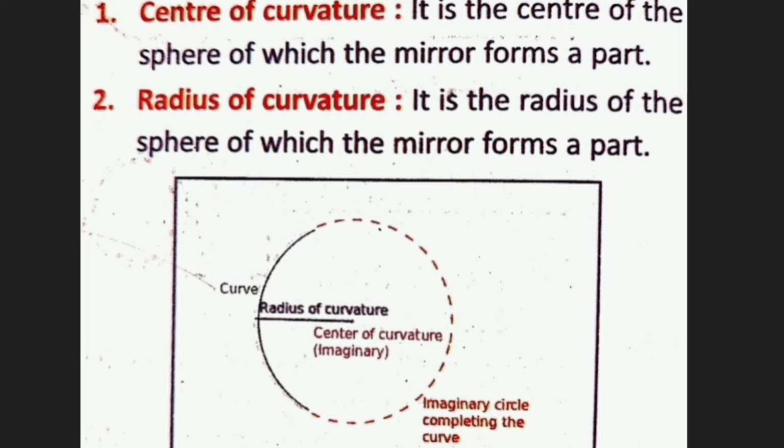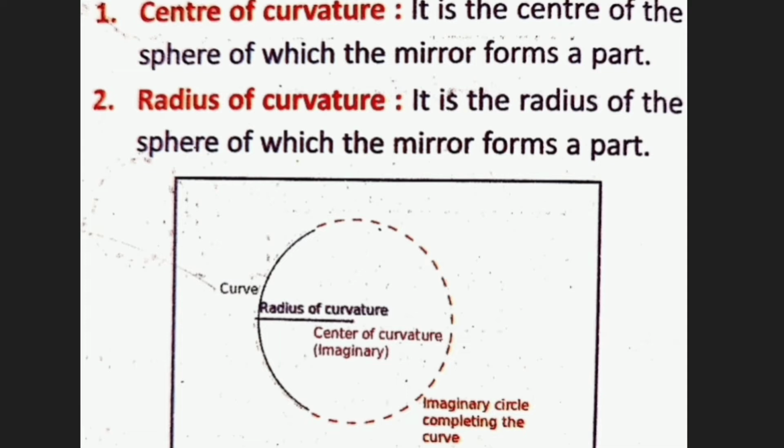Now, what's the radius of curvature? It is the radius of the sphere of which the mirror forms a part. See in this diagram, that is the curve of the mirror, and this is the sphere of which the mirror is a part, and this is the radius of curvature. This is the line extending from the pole to the center of curvature.